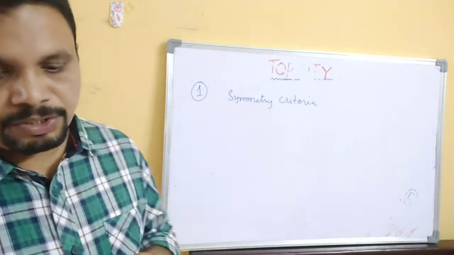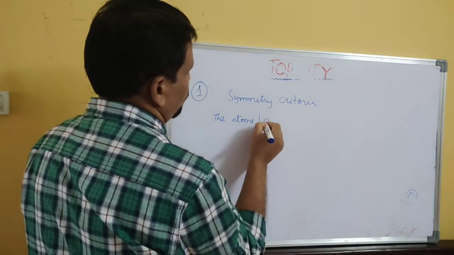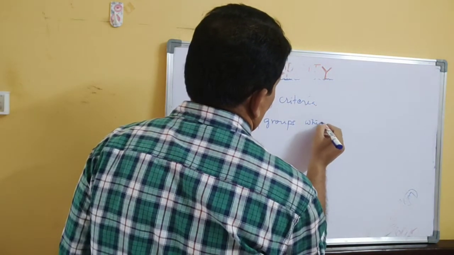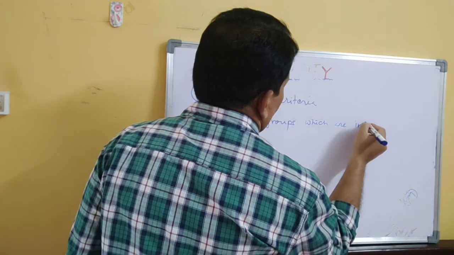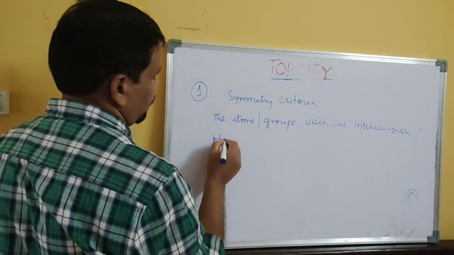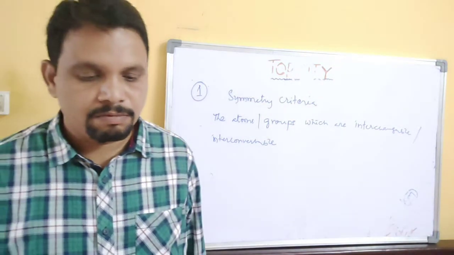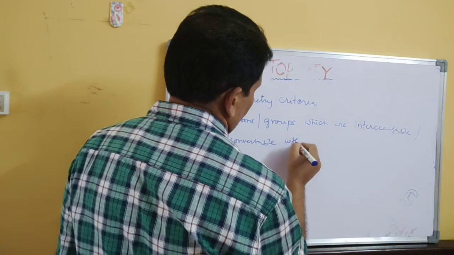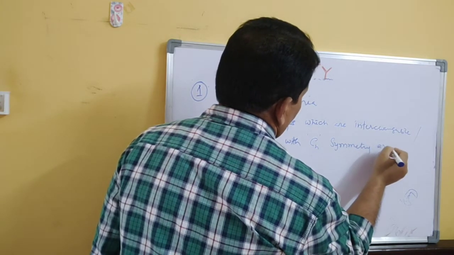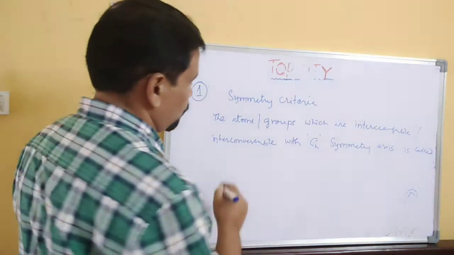So symmetry criteria means the atoms or groups which are interchangeable and interconvertible with a Cn symmetry axis are called homotopic ligands.